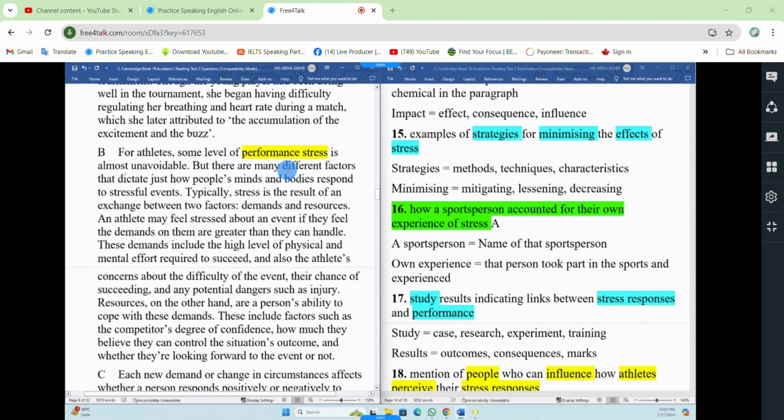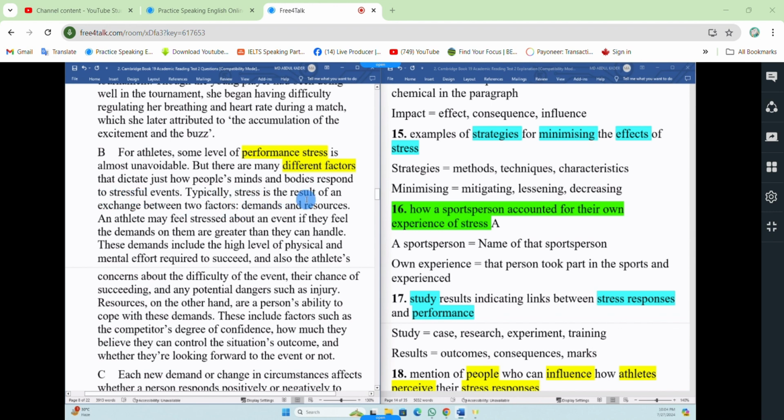That means we have several factors that really help us to control our stress level and to respond to stressful events.